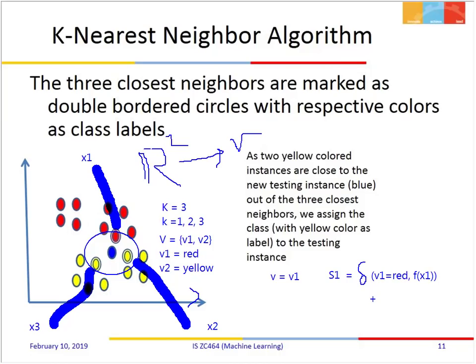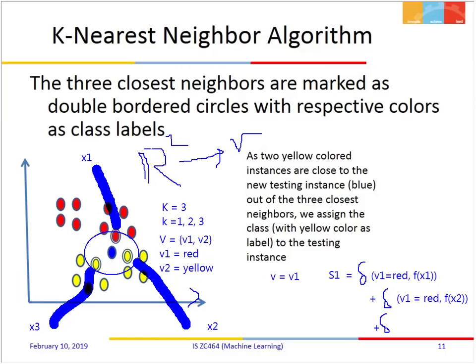So I am again taking this delta, and then there will be another delta. So I am marking it here for this plus, and then you will have V1 equals red and f of x1, f of x2, and this delta function gets closed.